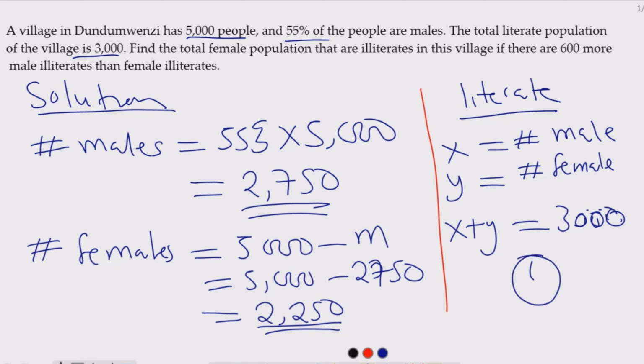Next, what you are told is we have 600 more male illiterates than female illiterates. Let X complement be the illiterate males. We know that there are 2,750 males, of which X are literate.